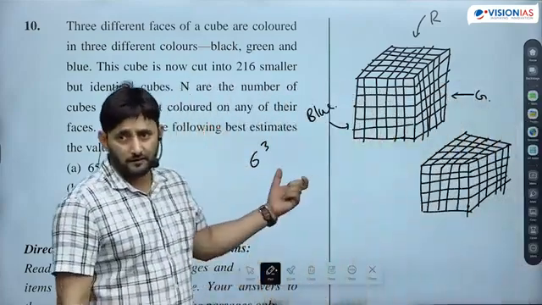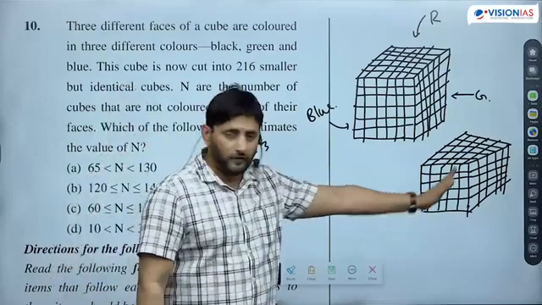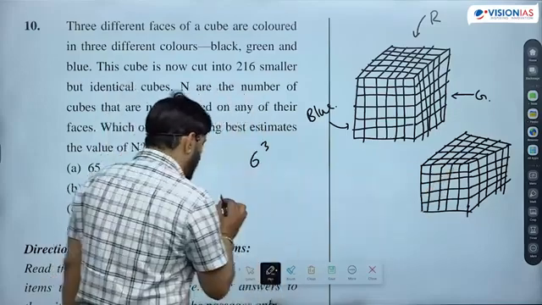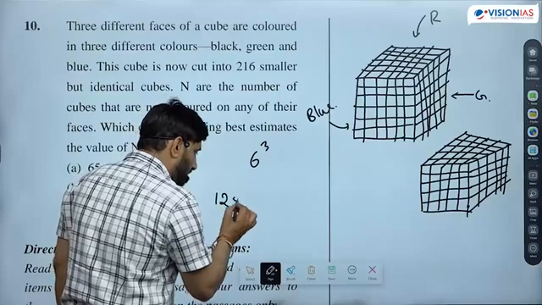How many are there? 125, right. 5 into 5 into 5. So there are 125 pieces which do not have a color at all.